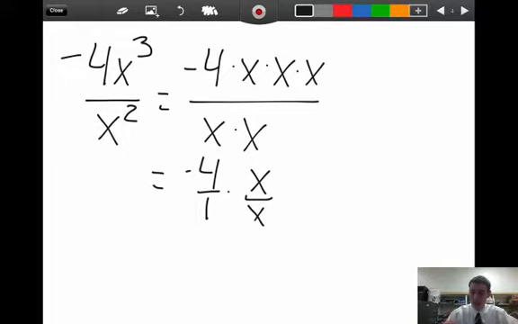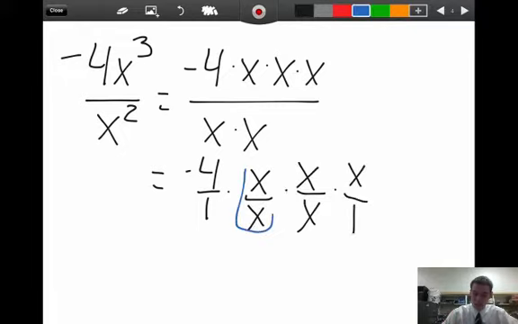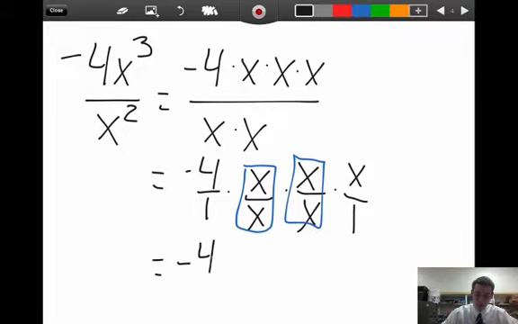Now again, x over x is 1, x over x is 1, so those just go away. We get negative 4 times 1 times 1 times x. So we end up with negative 4x.